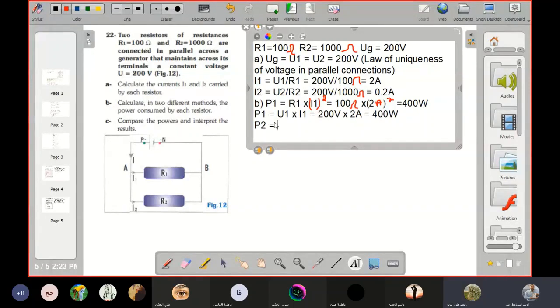P2 equals U2 times I2, equals 200 volts times I2, which is 0.2 ampere. 200 times 0.2 equals 40 watts, right?